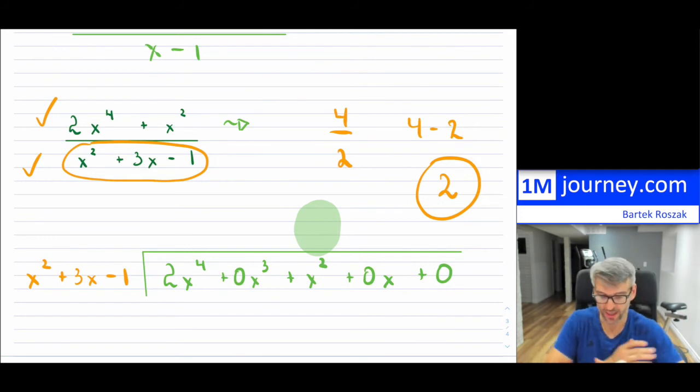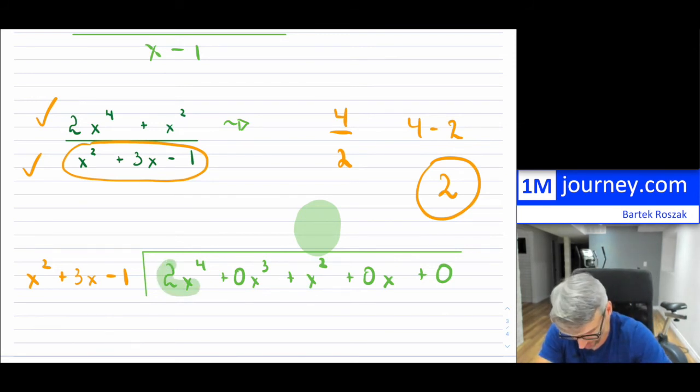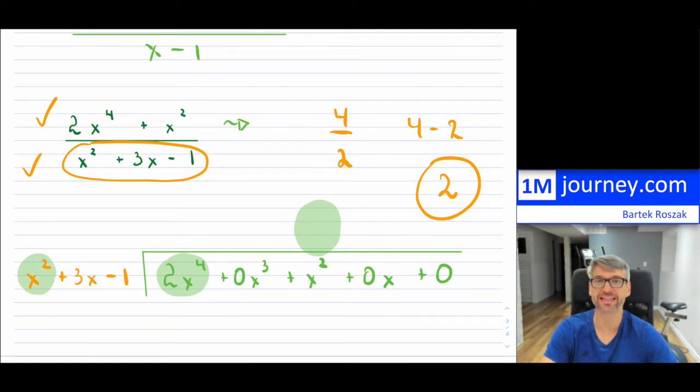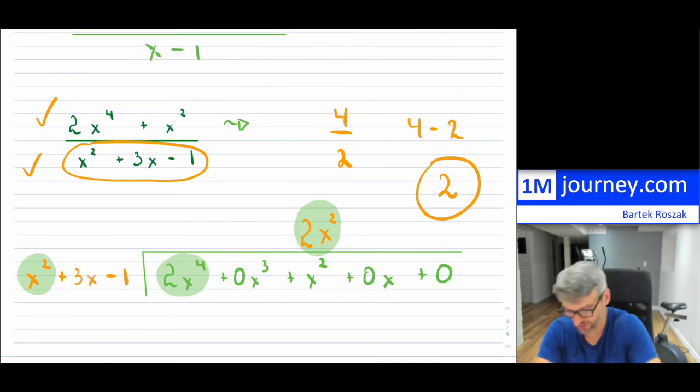All right, so what is my number? In this case, what I want to get rid of is this 2x to the fourth. So how do I get rid of it? I'm going to multiply this x squared by something so that it gives me 2x to the 4. First, I know I'm going to have to multiply by x squared, because x squared times x squared is x to the 4. And then my coefficient has to be 2, because the coefficient right there is just a 1.